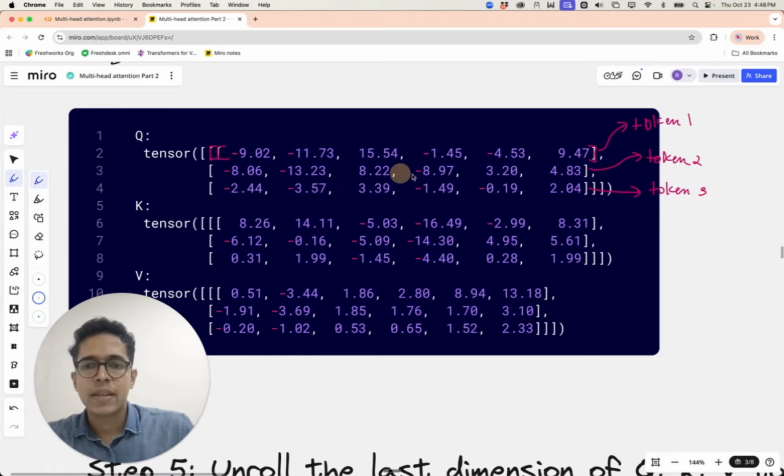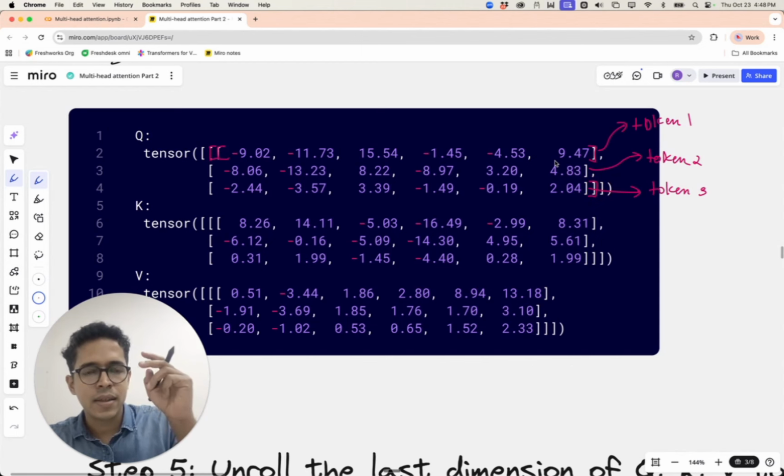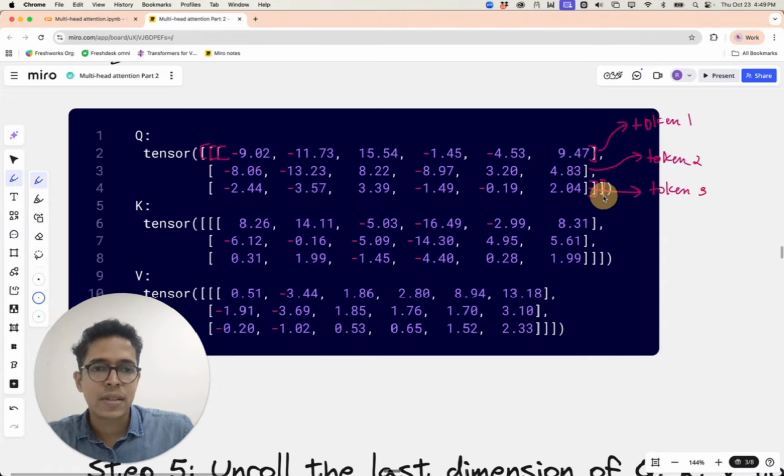The second pair of brackets here is for wrapping around these triplets, because your context size is 3. You have 3 tokens per context window. And the last pair of brackets is to wrap your batch dimension. Like that, you have key and value.